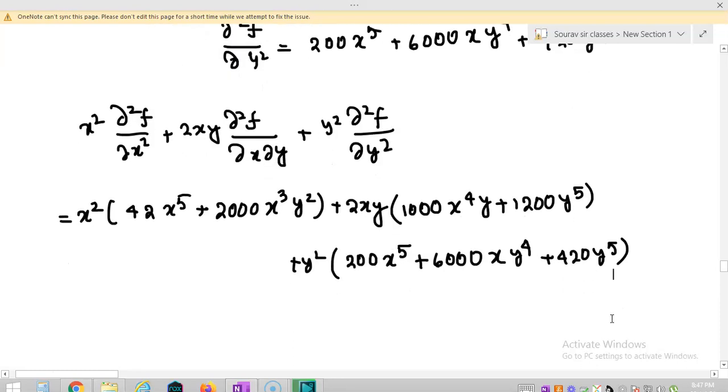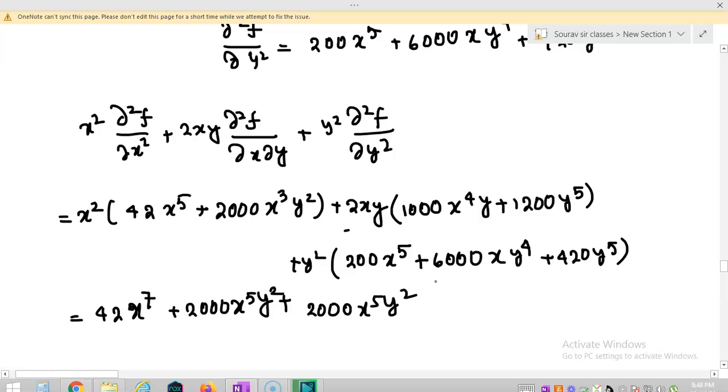Okay, so it will be 42 x to the power 7, and it will be 2000 x to the power 5 y square, and 2000 x to the power 5 y square, and 2 into 1200, so 2400 x y to the power 6, right?